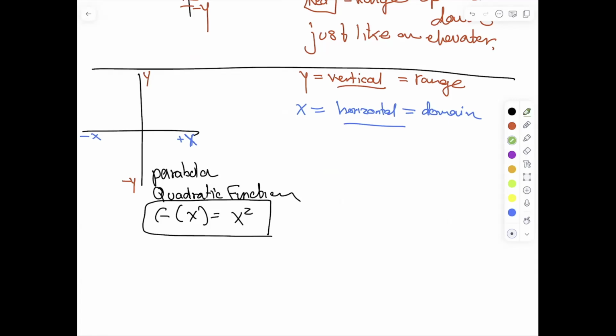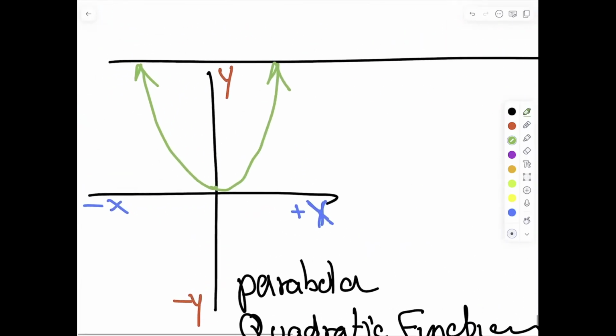Do you guys remember what a parabola looks like? It looks like a smiley face, right? It's very happy. It's going up, correct? So if I put that parabola here, what is the lowest value for y? And what is this value here? The origin, 0, 0. That is 0, 0.